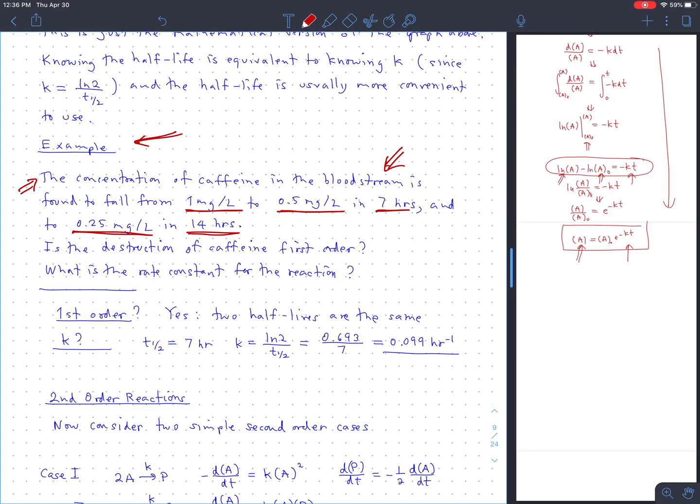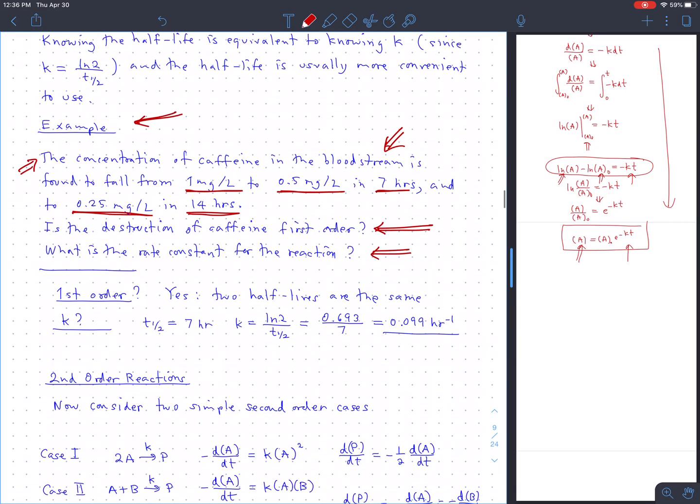The question is, is the destruction of caffeine in your bloodstream a first-order process? And second, if it's first order, what's the rate constant for that process?